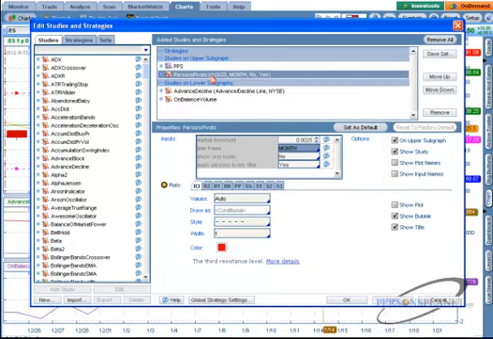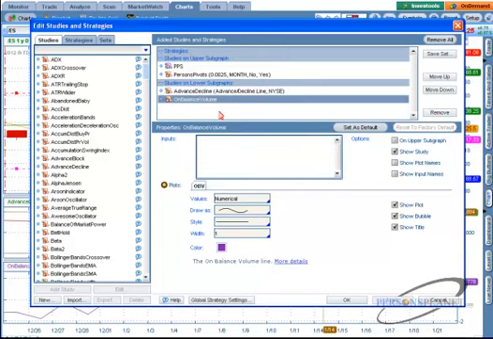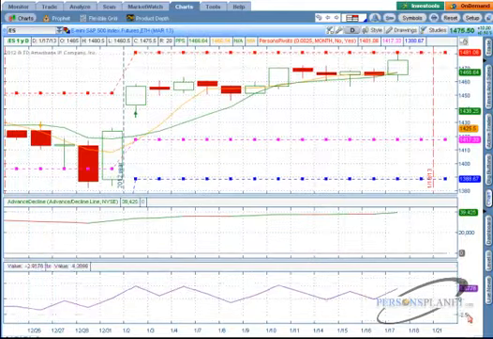Underneath Person's Pivots on a month, I have the advanced decline line, but notice what it says here, NYSE. And then the next one is on balance volume. So I'm going to hit OK.